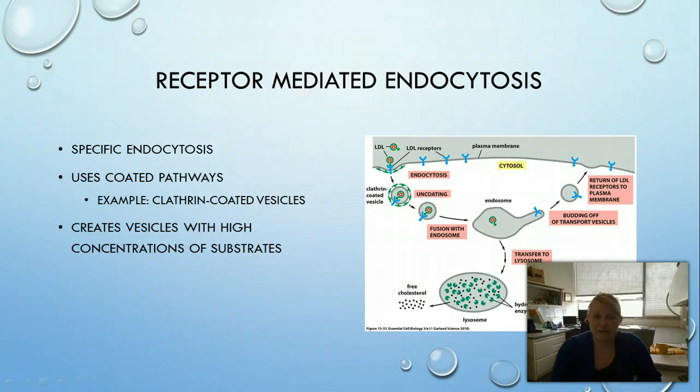These receptors will bind to their target molecule, and then they will bud off in clathrin-coated vesicles and head to the endosome for sorting. It's really specific, and sometimes other stuff will get trapped in there with it, but for the most part, these are going to be high concentrations of whatever substrate the cell needs. So this is something the cell specifically wants to bring in.